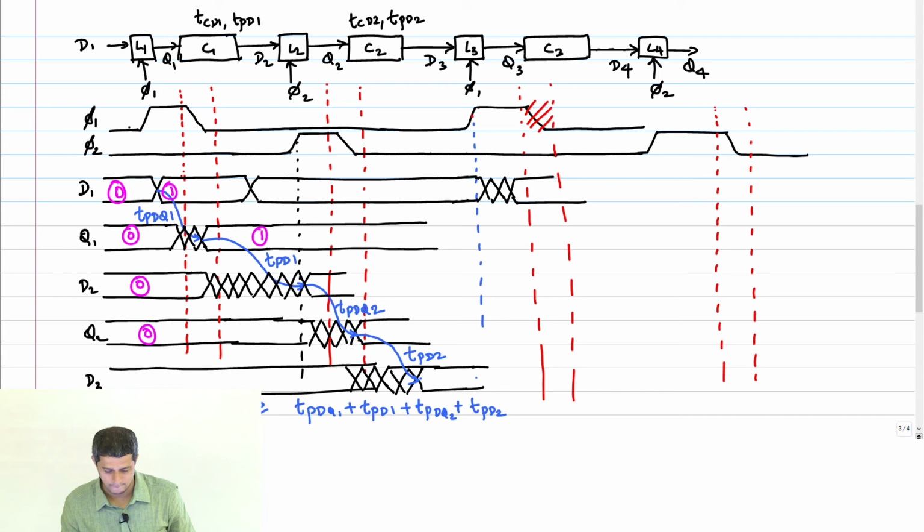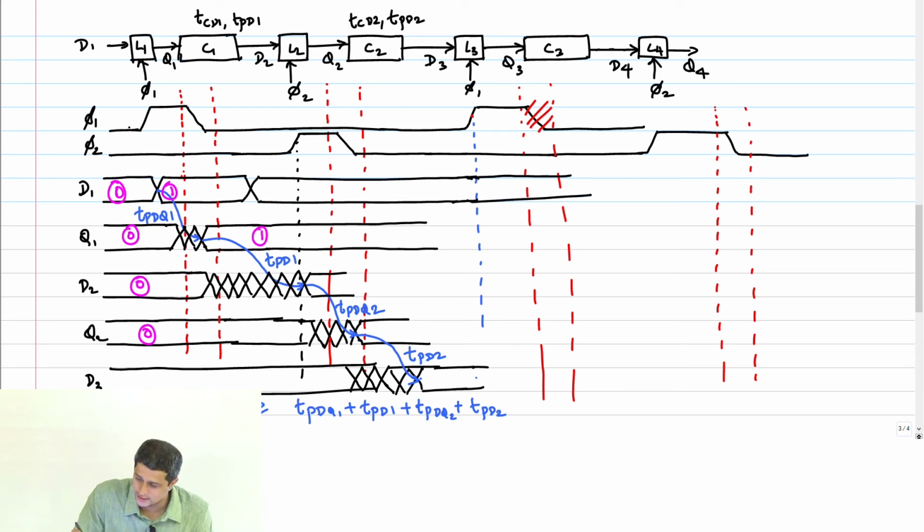Okay, this is D1, you're right. And this is, by the way, event 2. Now Q1 is coming here and then it starts changing.